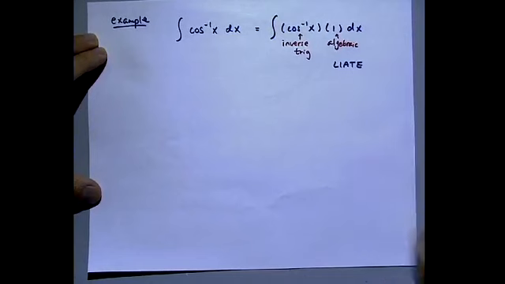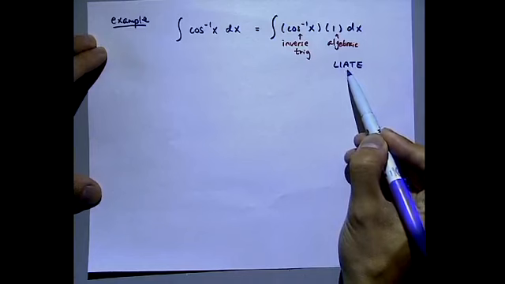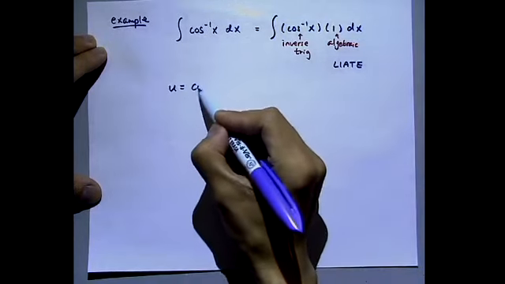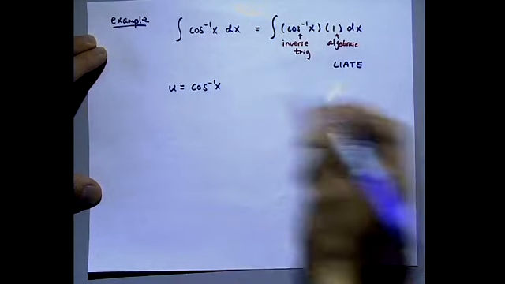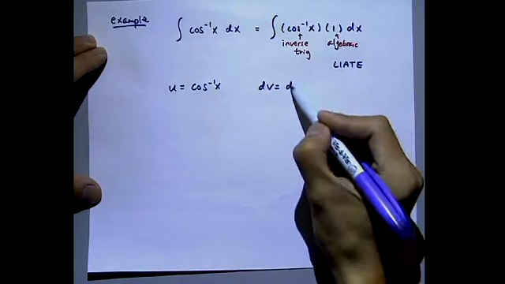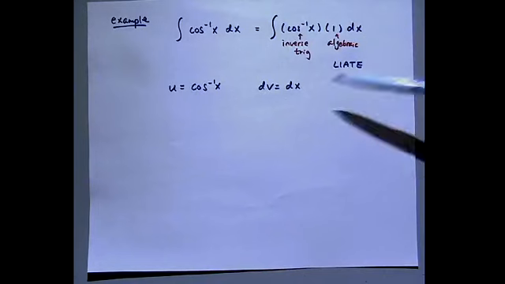According to the rule of thumb, we want to choose inverse trig before algebraic. So I chose my u, and whatever I didn't choose to be u, everything else gets lumped into dv.